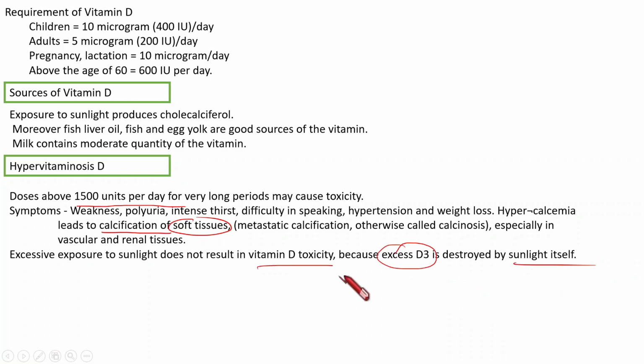So nobody please think that if I expose myself to the sun too much, then the vitamin D level in our body may rise and lead to toxicity. It will not happen, because sunlight itself destroys the excess vitamin D3. So by that way, we are going to stop today's section. Thank you.